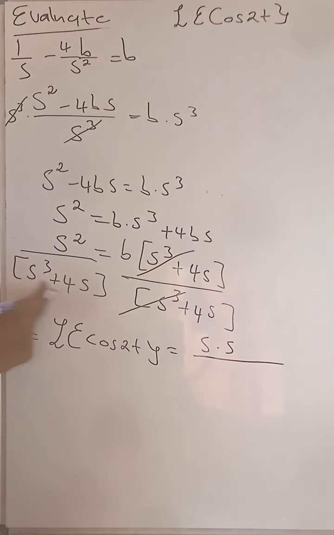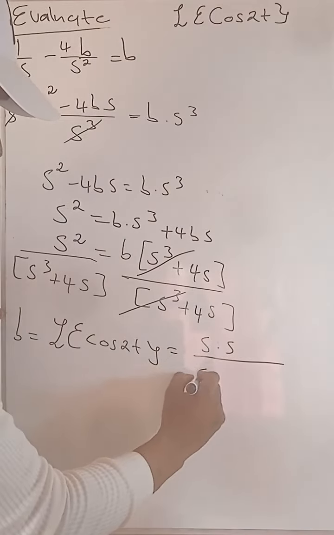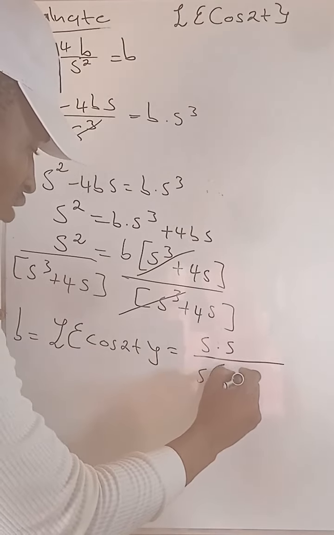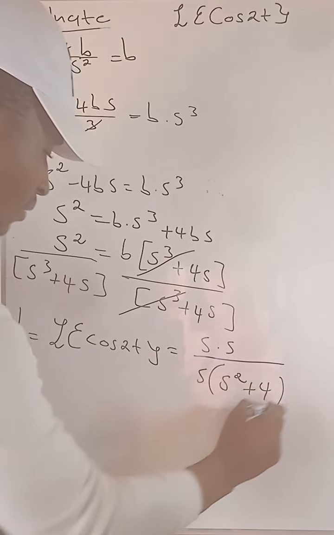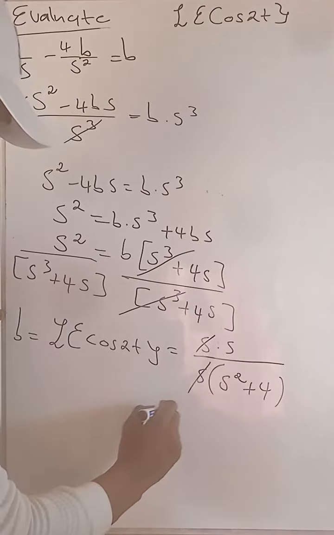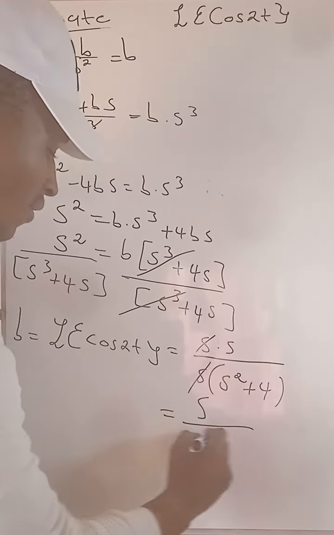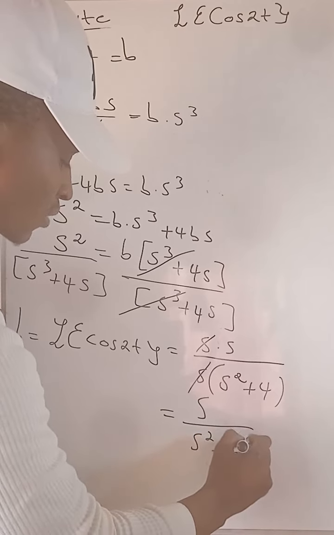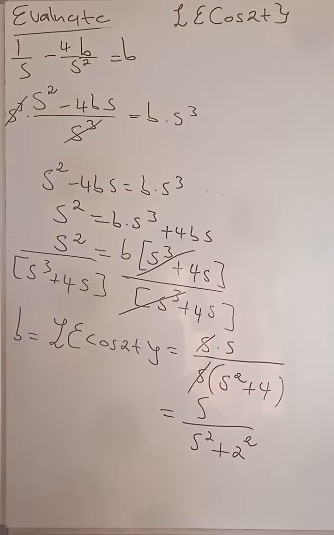If you check here, you'll realize that s is a common factor. I can factor out s, so I'll be having s squared plus 4 inside the brackets. So one s will cancel one, so I'll be having s over s squared plus 2 to the exponent 2.